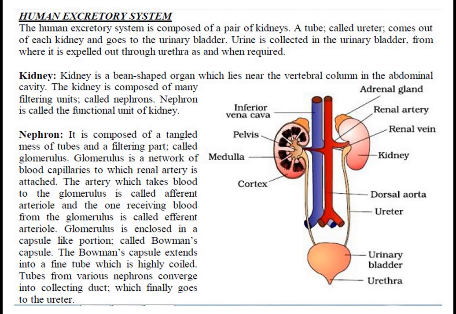Here it is written, the functional unit of kidney. Nephron is called the functional unit of kidney. They are the filtering units. This is a very important thing you have to remember.